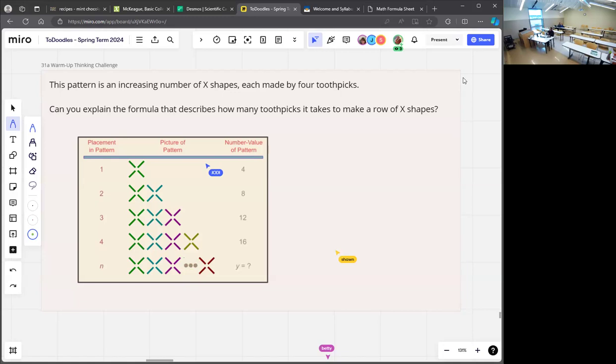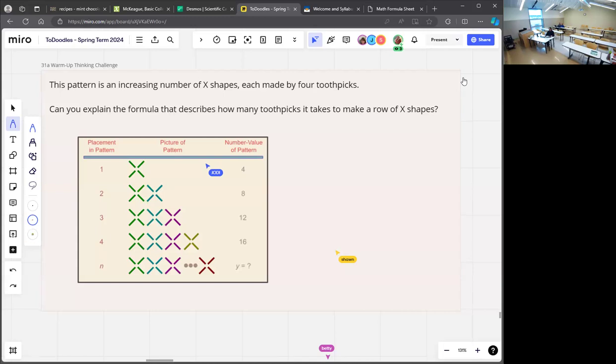So the question for this pattern is we're making X's with 4 toothpicks in each X, right? 1, 2, 3, 4. So in the first row, 1 X, we have 4 toothpicks. In the second row with 2 X's, we have 1, 2, 3, 4, 5, 6, 7, 8 toothpicks.